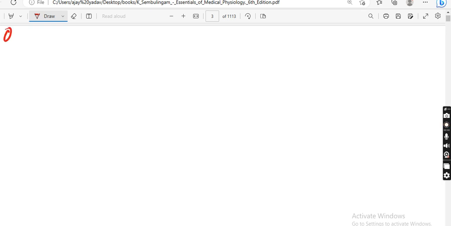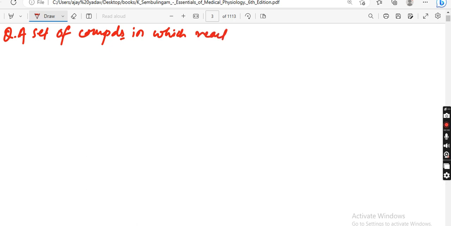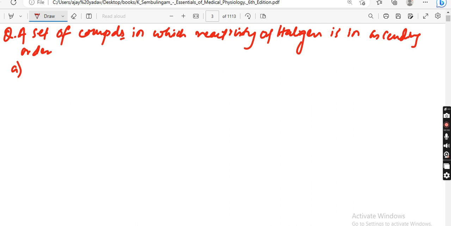The next question that we are going to discuss is: a set of compounds in which reactivity of halogen atom is in ascending order. Option A is chloroethane.